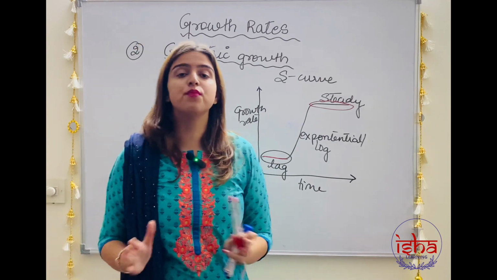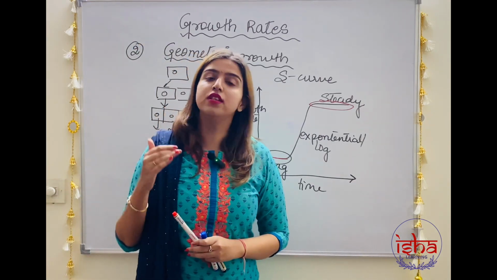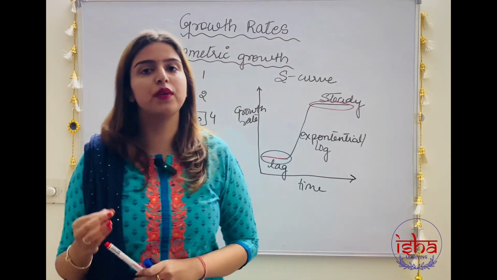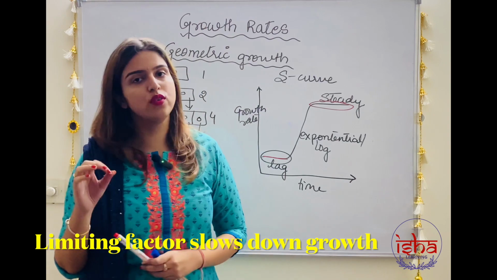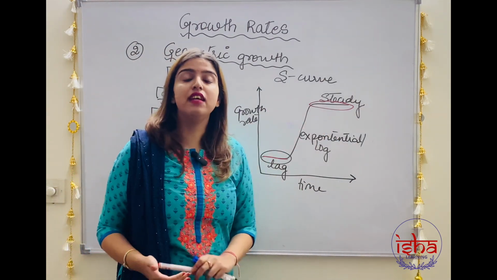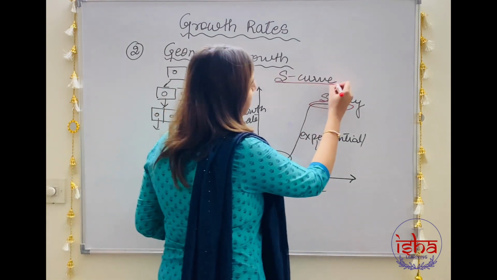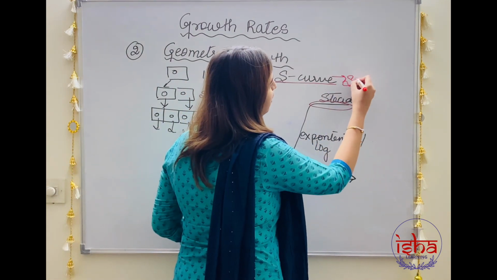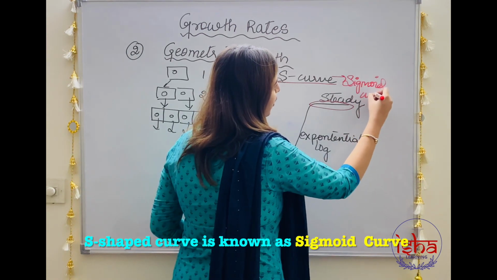No resource on this planet is unlimited. So as the resources begin to deplete, some resources are going to become the limiting factor. Due to the limiting factor, growth is going to slow down and settle into a steady phase. So this S-shaped curve obtained is known as the sigmoid growth curve.